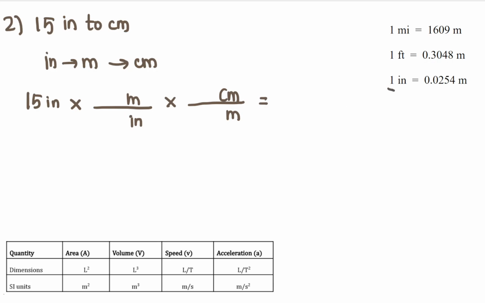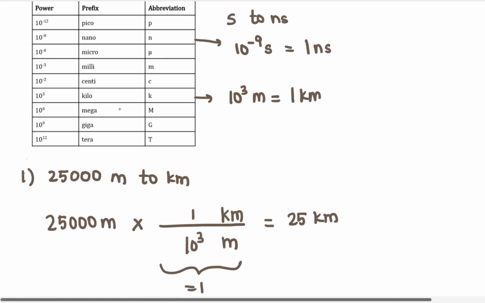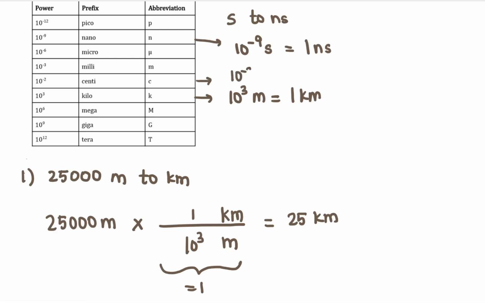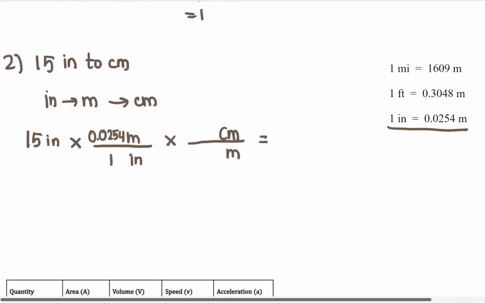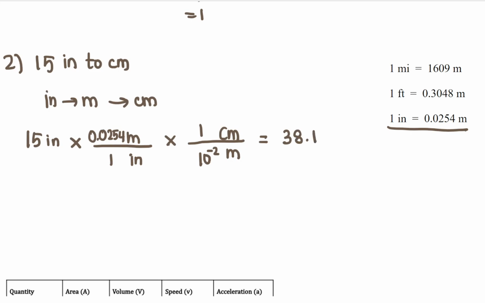And from the table, since we are converting centimeters to meters, 10 to the power of negative 2 meters equals 1 centimeter. After doing the calculation, we get 38.1 centimeters.